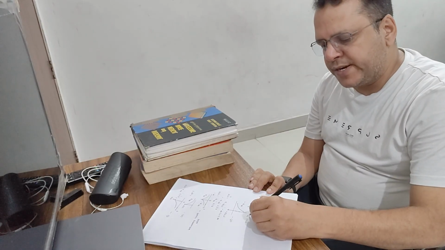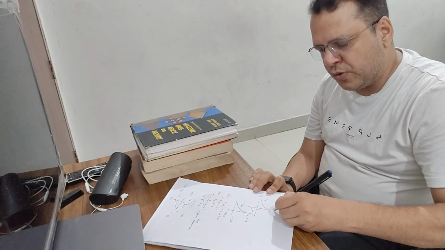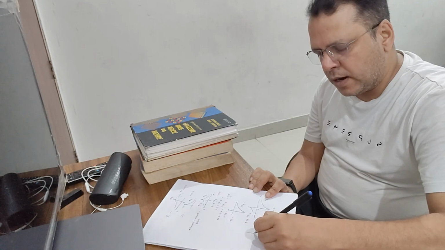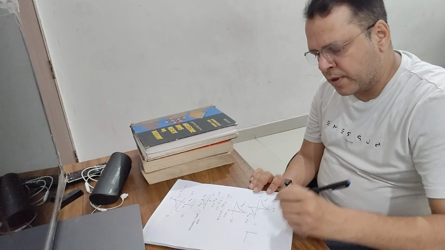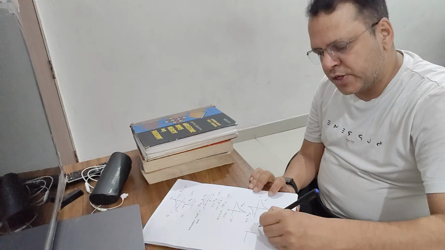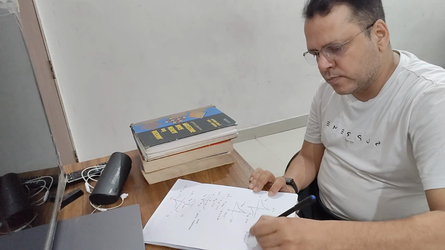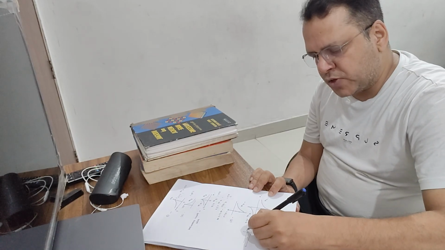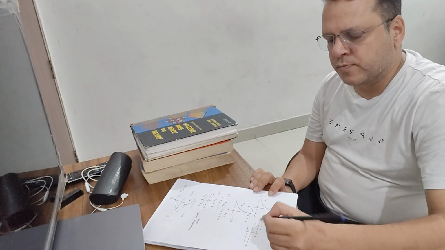This a is the constant term. If I put a as 0, I will get e power 0, which becomes plus 1, and e power 0 with the minus sign here, so this is minus 1. This is plus 1 and this is minus 1.